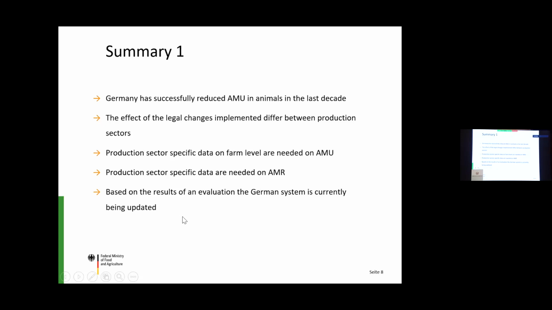We find it important that production sector specific data on the farm level are needed, and also production sector specific data are needed on AMR. So having concluded this, we are right now in the process of updating our German strategy of antimicrobial use minimization. So let's go on to the next slide, please.